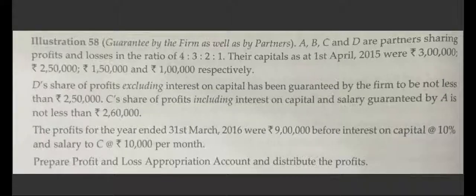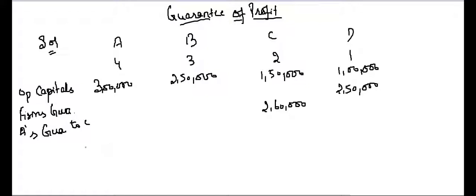Further it reads, the profits for the year ended 31st March 2016 were 9 lakh before interest on capital at the rate of 10% and salary to C at the rate of 10,000 per month. Prepare the profit and loss appropriation account and distribute the profits. What are the profits we have? We have profits of 9 lakh, right?